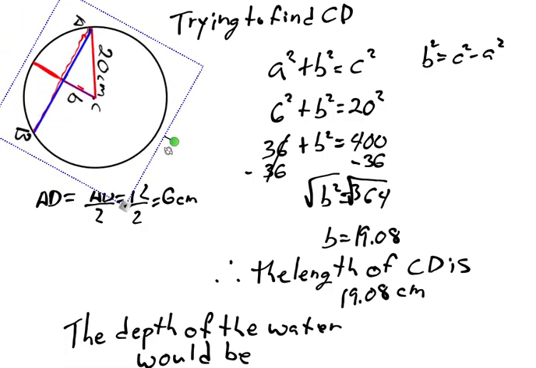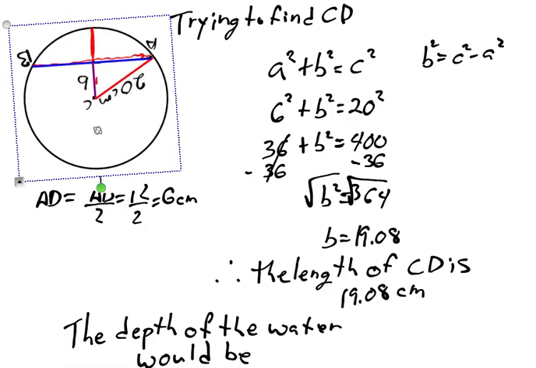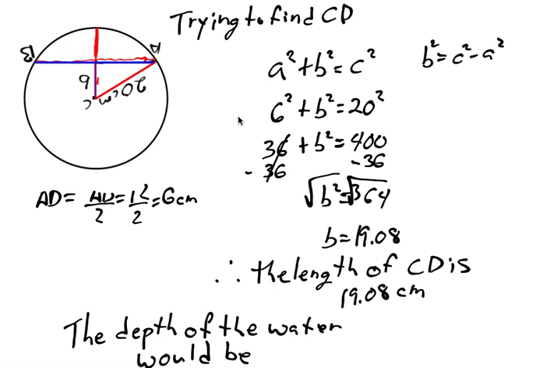Had this pipe been rolled over this way, and we're talking about the depth of the water in the pipe being way up here, we'd recognize that from the center, we have our radius of 20, but then this C to D, this purple piece here, was 19.08.